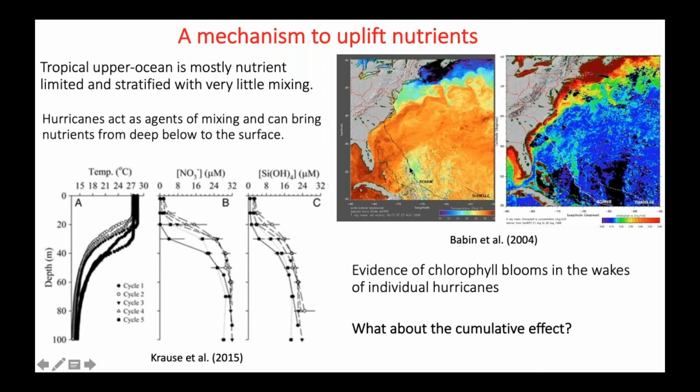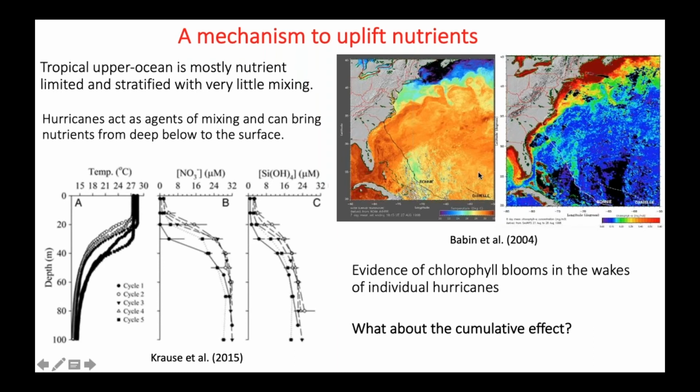You can see this is the track of Bonnie, and this is sea surface cooling from satellites for Bonnie. And what you can see is a significant cooling of several degrees, again to the right-hand side of the storm. Then these are images from the SeaWiFS satellite of surface chlorophyll.